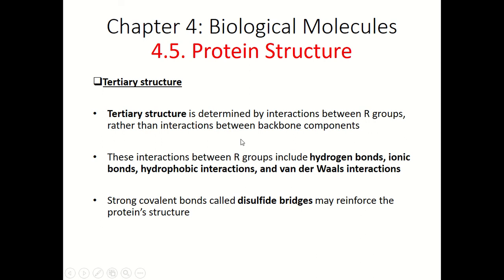Tertiary structure is caused by the interaction between the side chains or the R group of the amino acids. And these interactions include hydrogen bonds, ionic bonds, hydrophobic interactions, and also van der Waals interactions. And sometimes a disulfide bridge may also reinforce the protein structure.